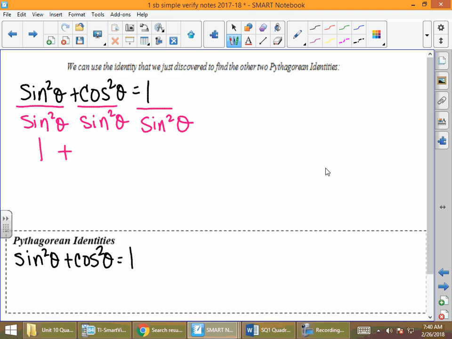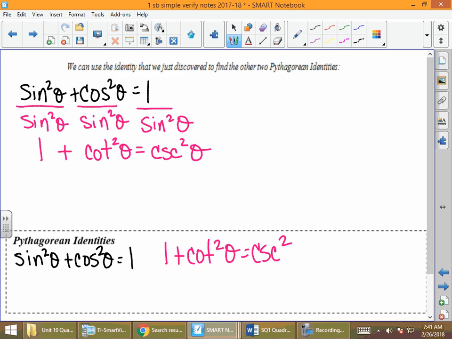Cosine squared divided by sine squared, well, cosine divided by sine is cotangent, so cotangent squared theta. And then there's our reciprocal identity: 1 divided by sine squared is cosecant squared theta. And that's another Pythagorean identity: 1 plus cotangent squared theta equals cosecant squared theta.